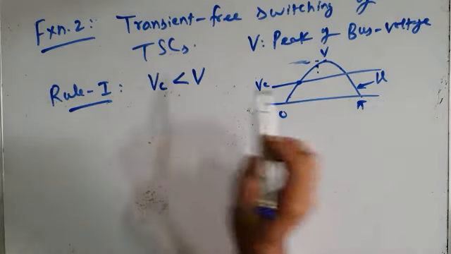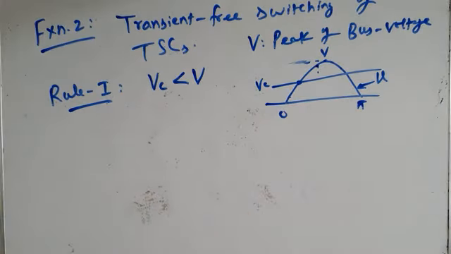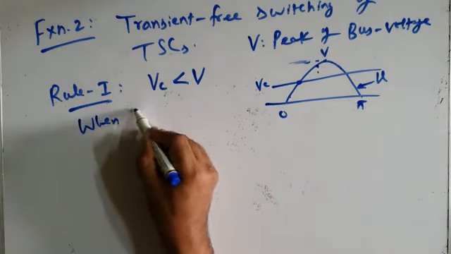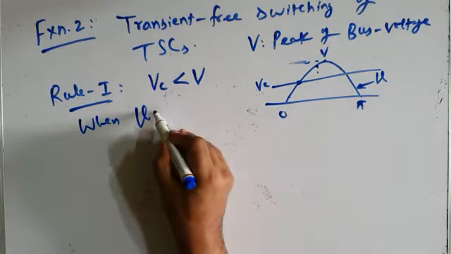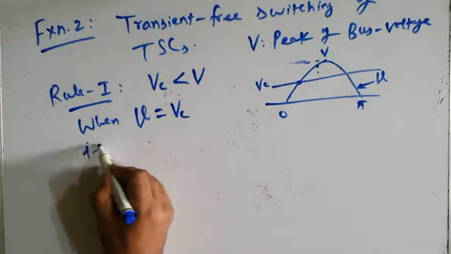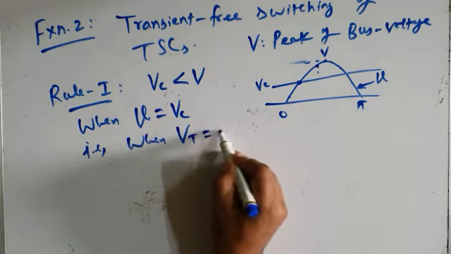So therefore the first rule, if you remember, is that the TSC should be turned on at an instant when the instantaneous value of bus voltage is exactly equal to capacitor voltage. That means when voltage across the thyristor switch is equal to 0.